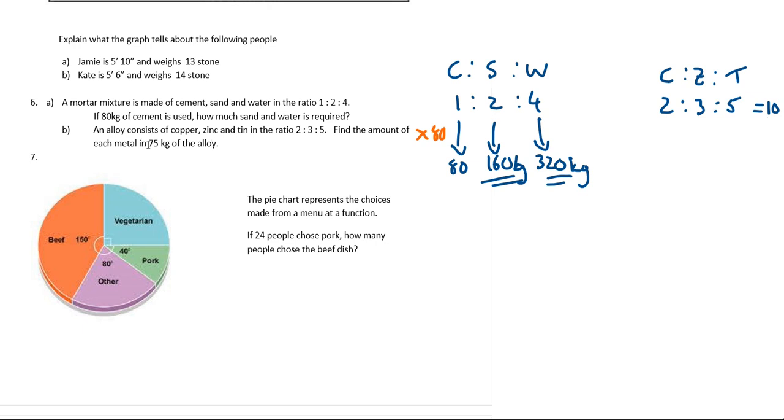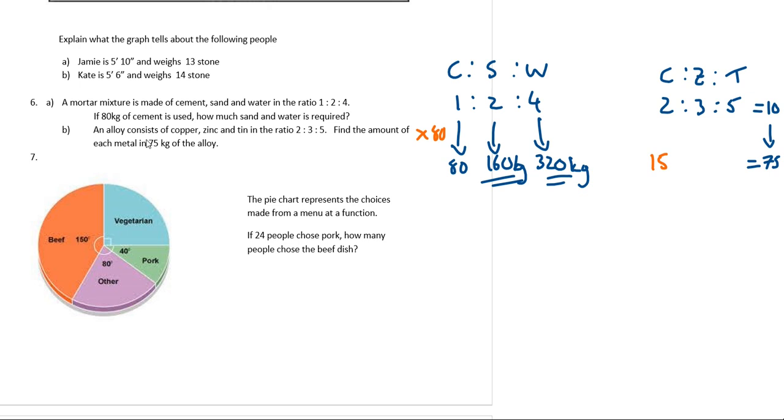So then I want to get from 10 to 75. So I want this total at the end to be 75. So how have I got from 10 to 75? I've had to multiply everything by 7.5. So 7.5 times 2, that's 15. 7.5 times 3. It's a bit late, so I'm just going to double check that on my calculator.